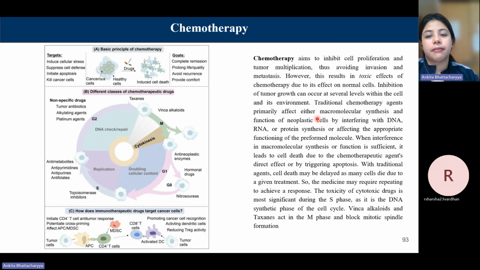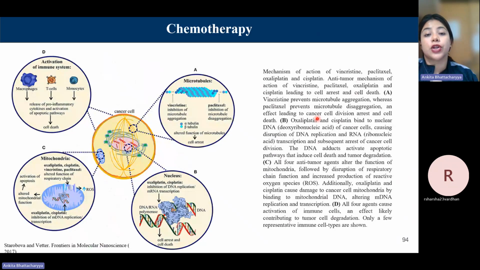And as you can understand, the main challenge that was associated with this type of treatment was the fact that it was not very specific in nature, and therefore all the healthy cells within the body were also not equally, but were also quite susceptible to this sort of treatment, and therefore the off-target effects are quite huge, and that remains a challenge with chemotherapy till date.